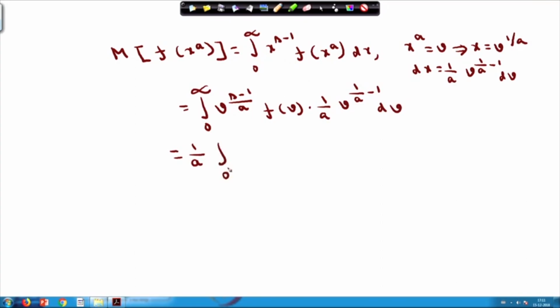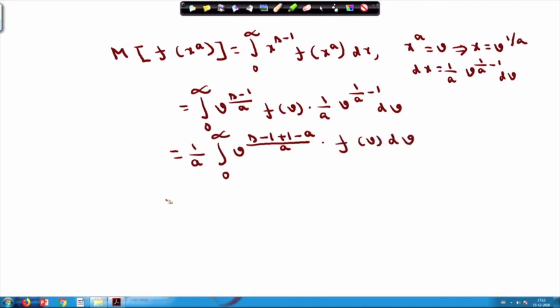The powers of v I can combine together: s minus 1 plus 1 minus a, the whole divided by a, into f of v dv.